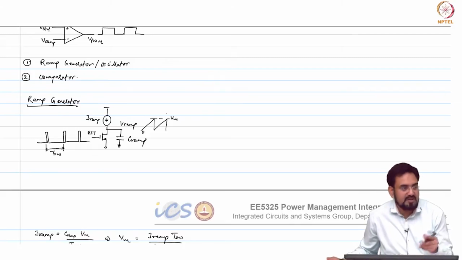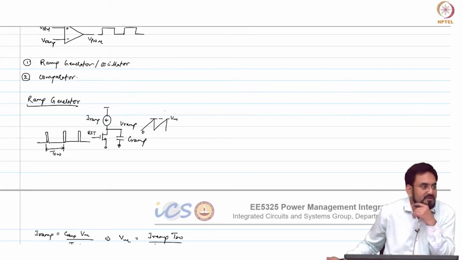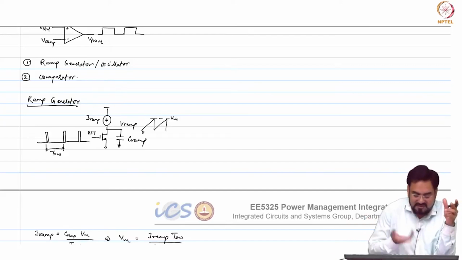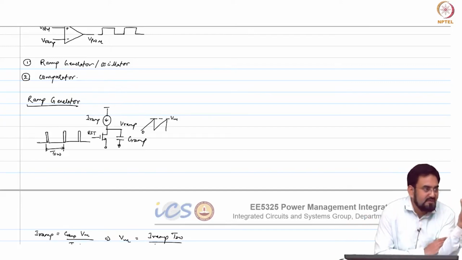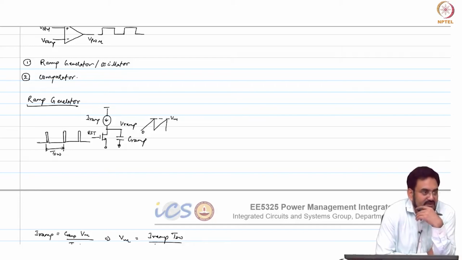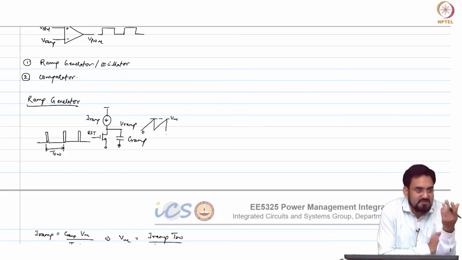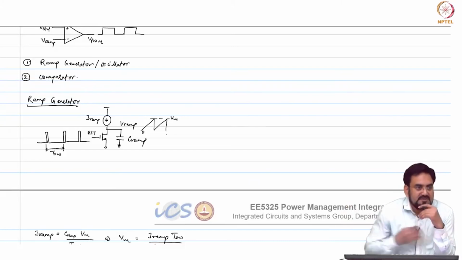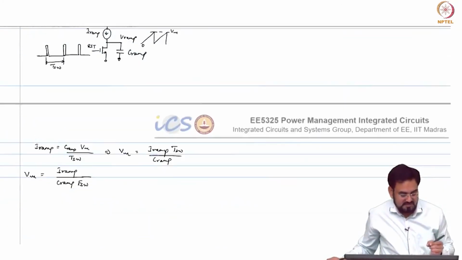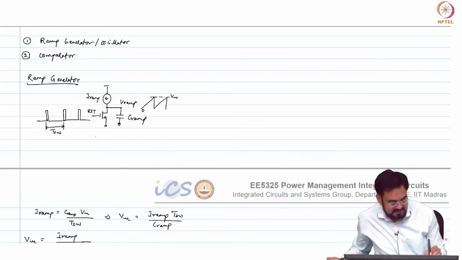If I am talking about 1 megahertz or so, which is 1000 nanosecond, then usually we keep this reset time of the order of 1 nanosecond, so that it does not affect your PWM, because we are looking at a single edge. If you make this slower, then it will look like a dual edge modulation, and your behavior will change in that case. So, this is your leading edge, trailing edge.